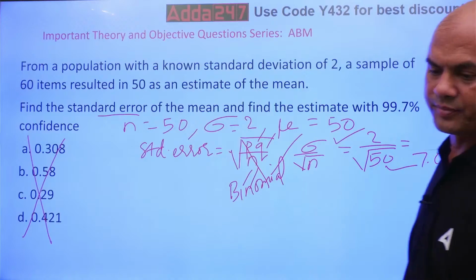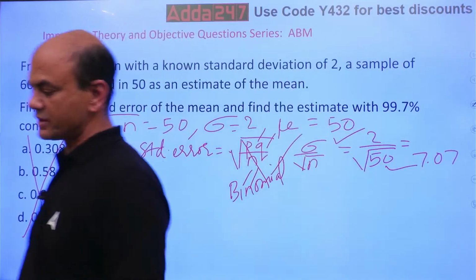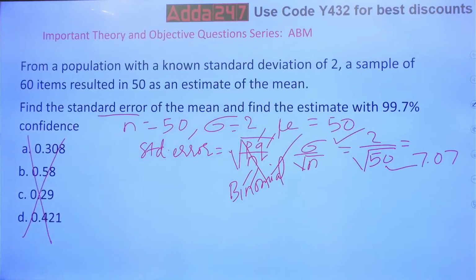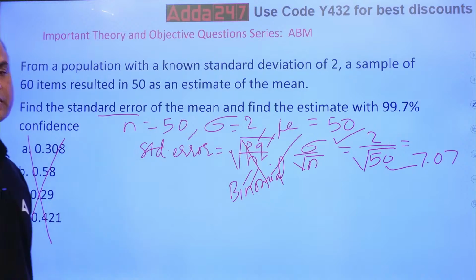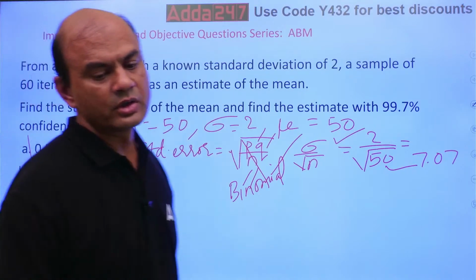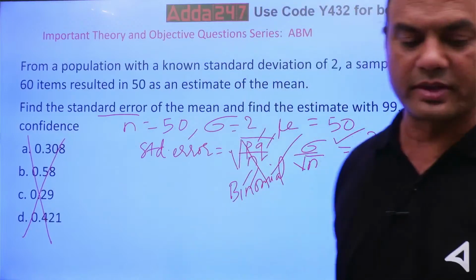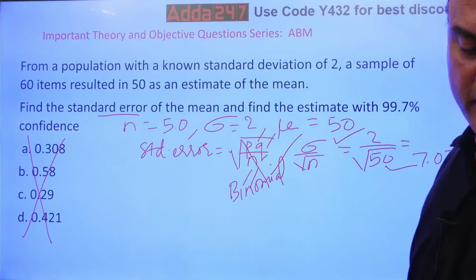Are you getting this? Is everyone getting this? 7.07 is root of 50. So 2 upon 7.07, now do it.